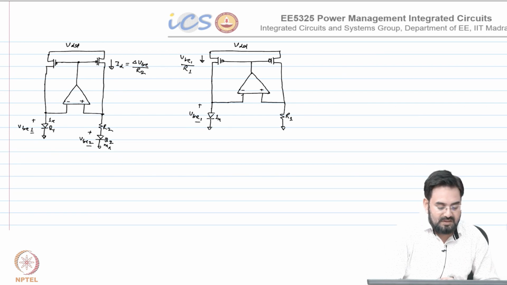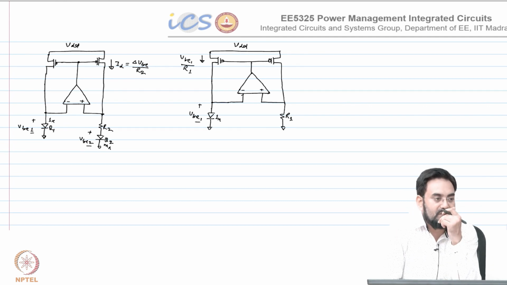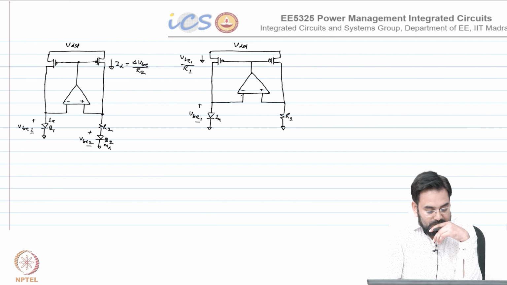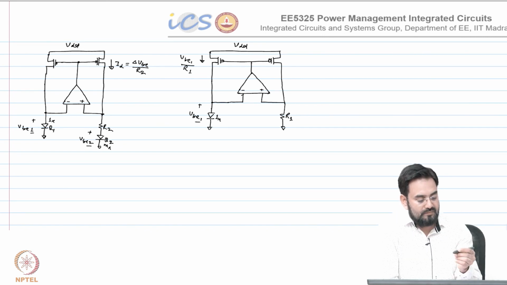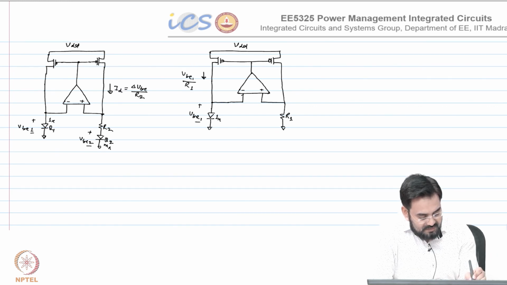correct? Now I have to add these two. So what should I do if I want to add these two currents? What shall I do? Yes. So put the mirror.